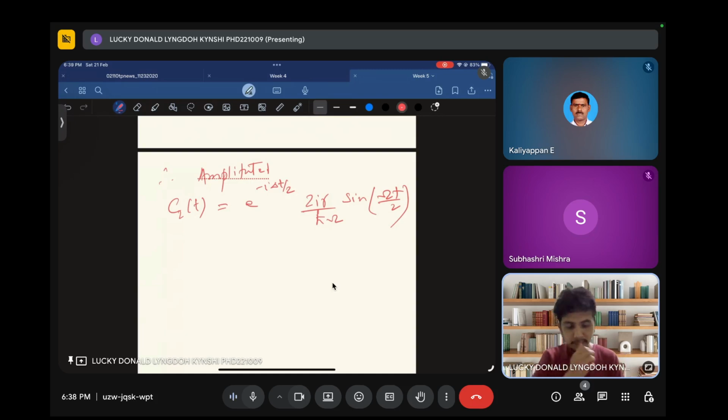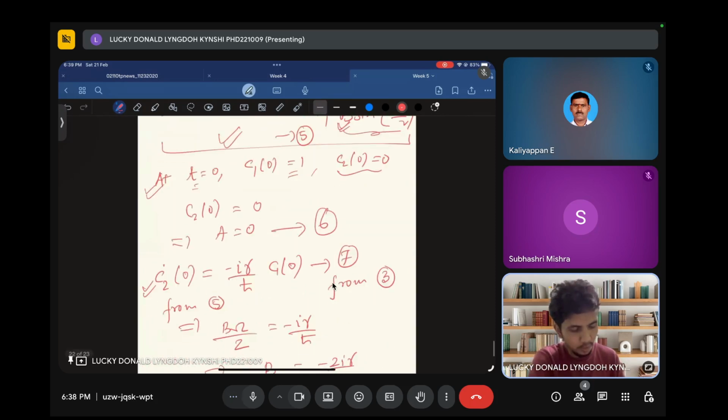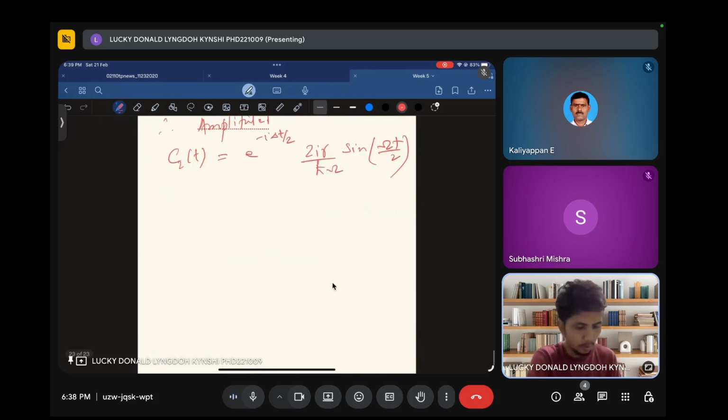This is after substituting the values of A and B in your equation number 5. Substitute the value of A from 6, and B you also know, let's say from 8, I will name it 8. Substitute 6 and 8 in 5, and you get the value of your amplitude.